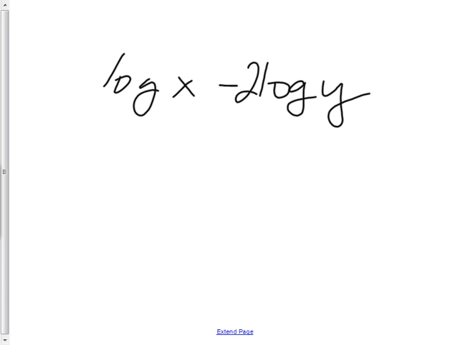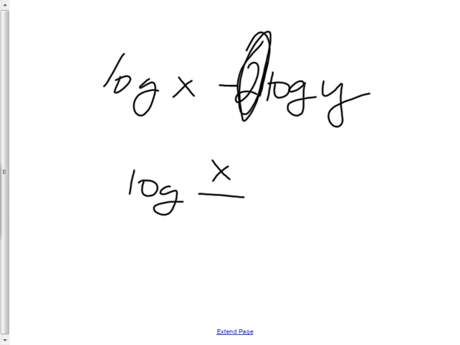So do you realize if it's a subtract problem that I could make it into a divide, right? And you see that 2 there? Right here in front? That 2 means it could go on the y, so it would be a y squared, and it'd be a log of some fraction, and it'd be x on top and a y squared on the bottom. Raise your hand if you had that one right. Okay, good. That's called condensing.